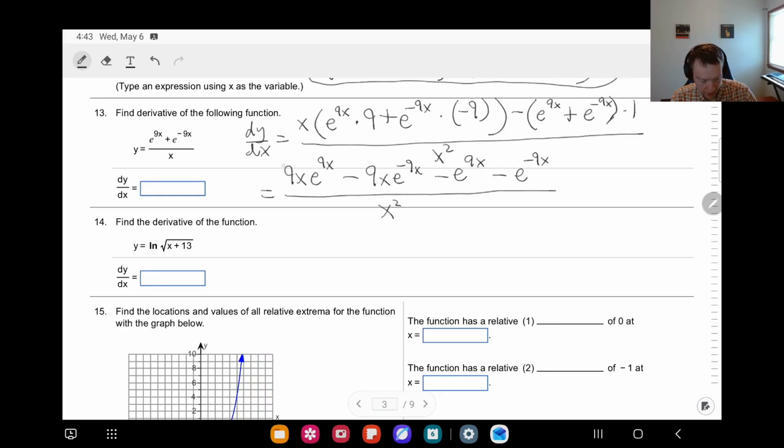Pearson, they had you factor out this 9x here from those two terms. That's fine. So let's do that. Here, I'll write it over here. Oh, goodness. I don't have enough space. I might have to erase this in a bit. There we go. So I just factored the 9x out of these two terms.